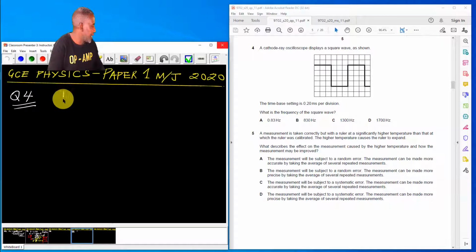When I draw a displacement-time graph, this displacement S, this is time, I would get a wave like this.